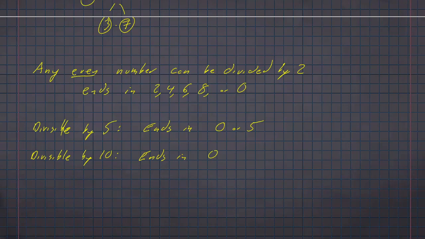There are similar rules for divisibility by 5 and by 10. A number is divisible by 5 if it ends in a 0 or a 5. A number is divisible by 10 if it ends in a 0.